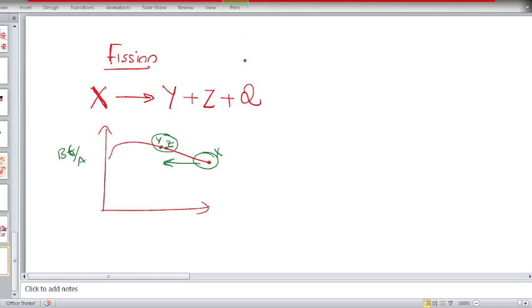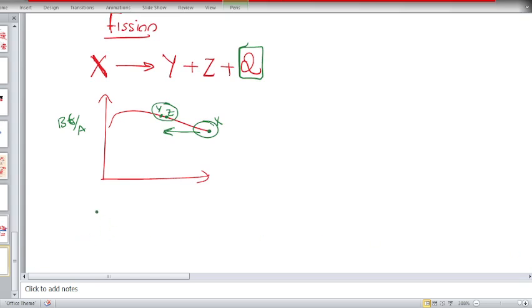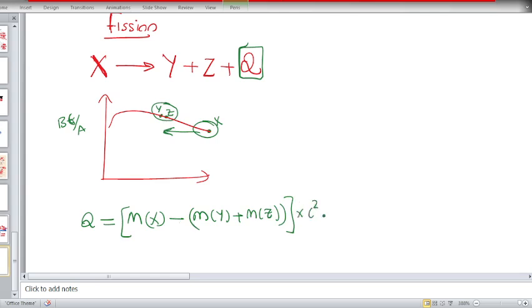So mostly they will ask for the Q value, which you can easily calculate as we discussed in the earlier classes. The Q value is the mass of X minus the mass of Y plus the mass of Z together. The difference, that is the mass defect, multiplied by c squared, gives you energy in joules.